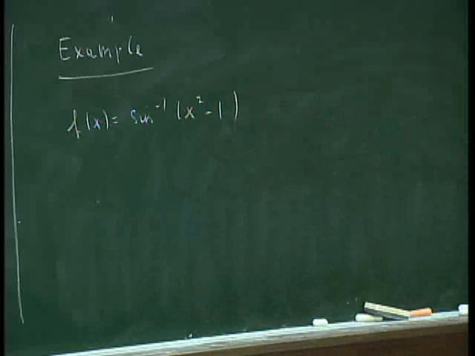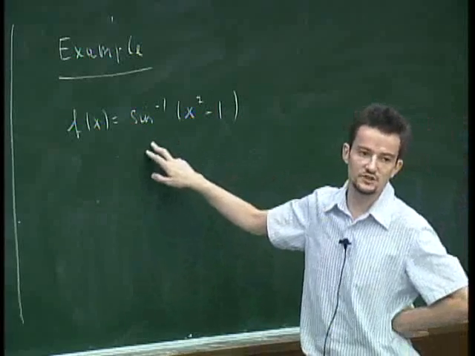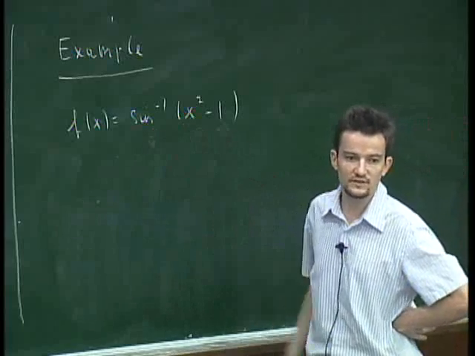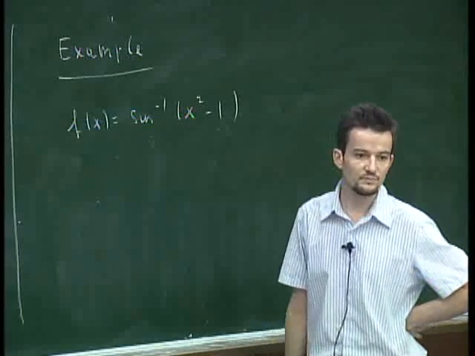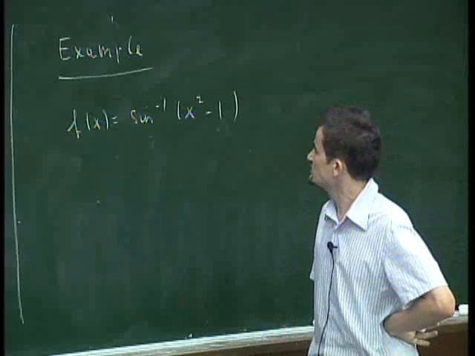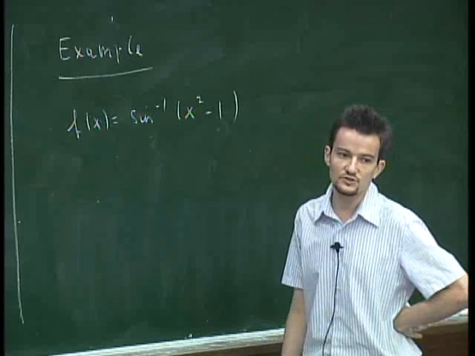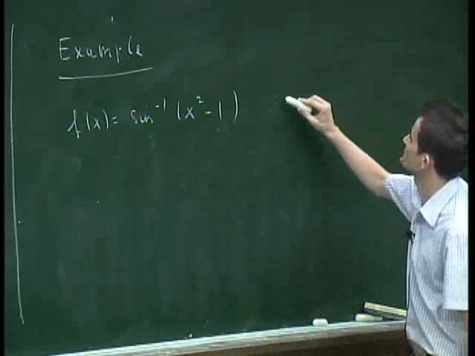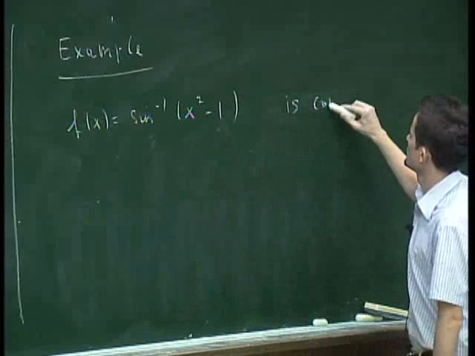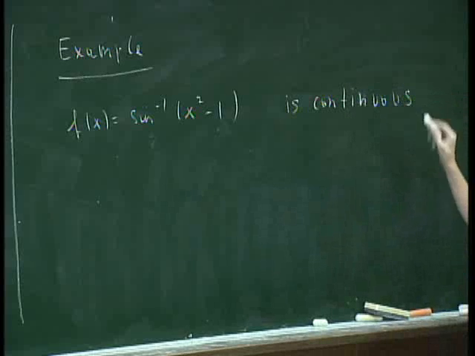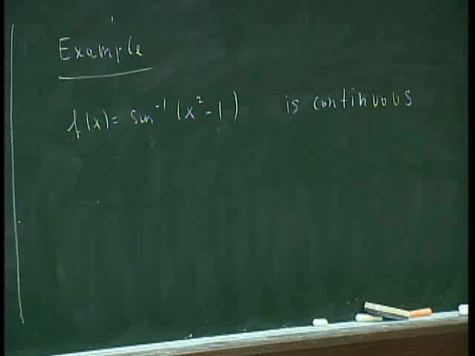Now you see already the inverse trigonometric functions are continuous. Polynomials are continuous. So the composite function of continuous functions will preserve this property, so it's continuous as well. The only thing which you still have to figure out is the range. But in this case it's very easy. Actually this function will be continuous for all x in the domain.